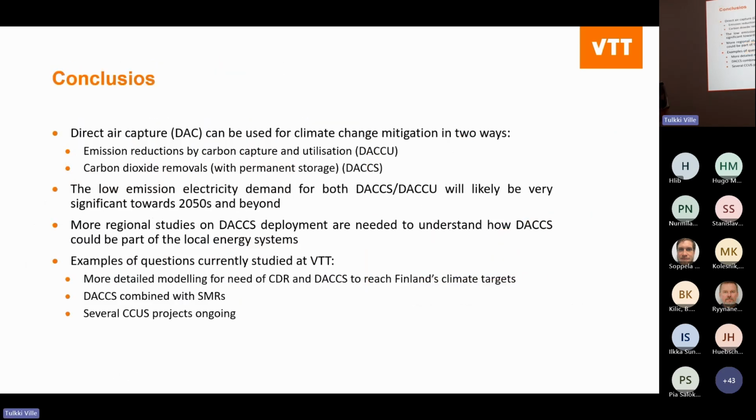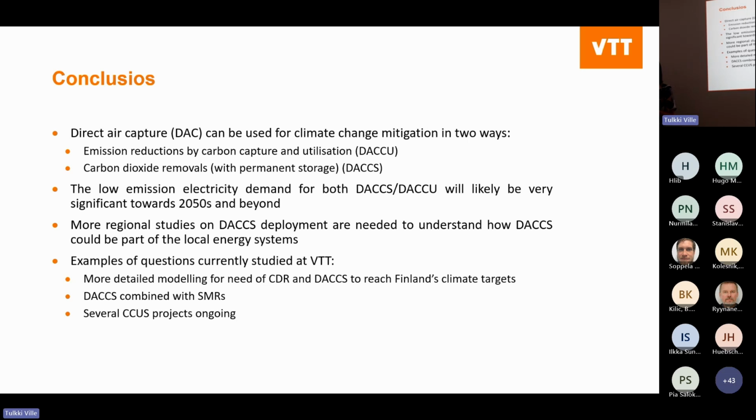So to conclude, direct air capture can be used for climate change mitigation in two ways, providing CO2 for CCU products and then creating emission reductions, or if the CO2 is stored permanently, then DAC could create carbon dioxide removals from the atmosphere.